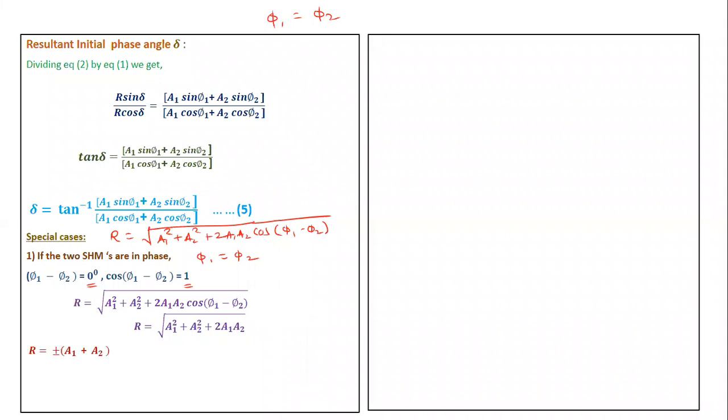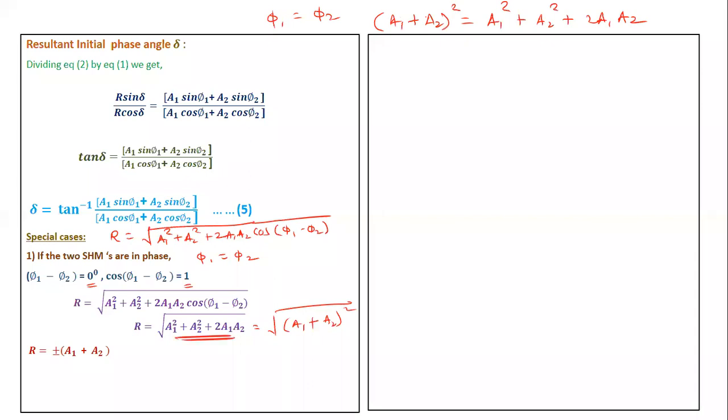So here let me write one more step. You know that a1 plus a2 bracket square expansion is a1 square plus a2 square plus twice a1 a2, and you can see here the same.